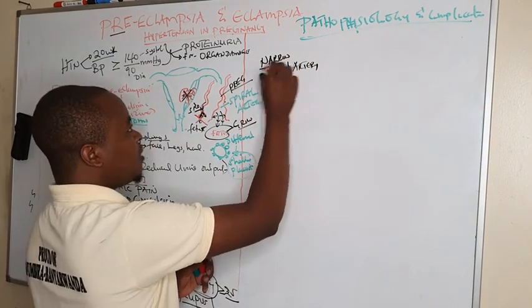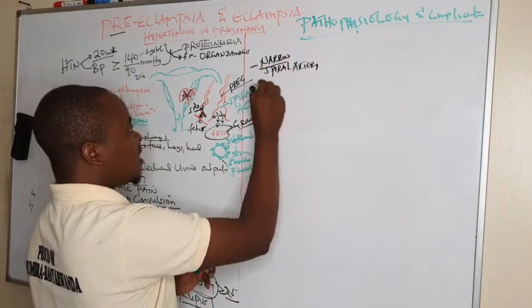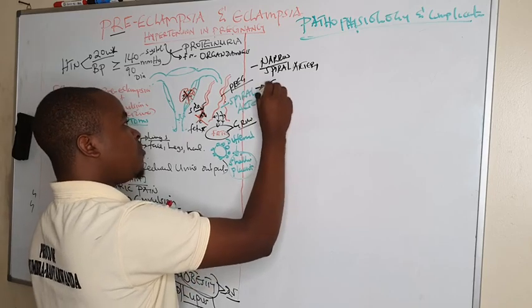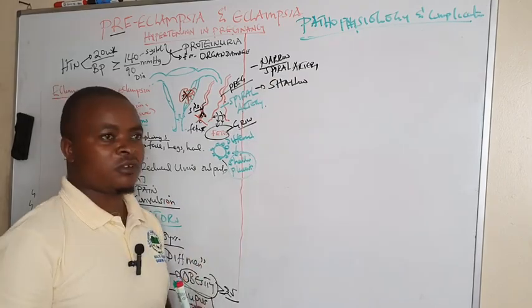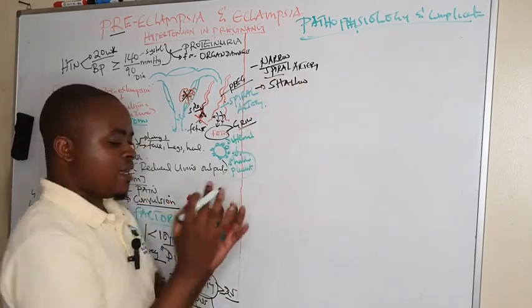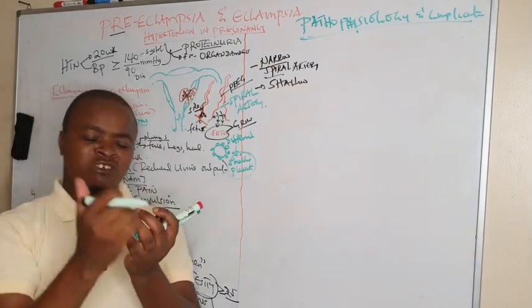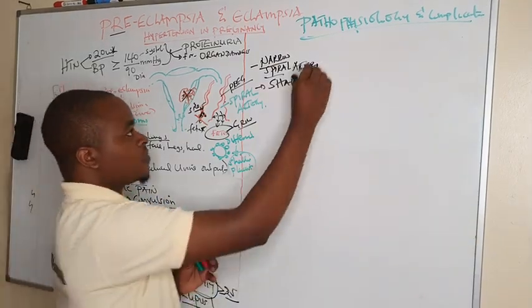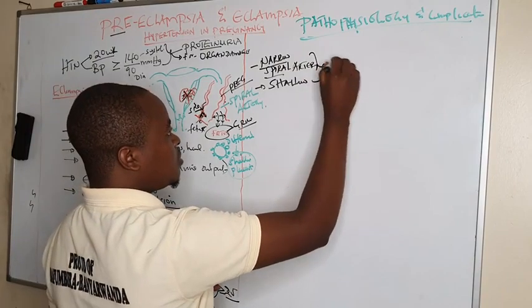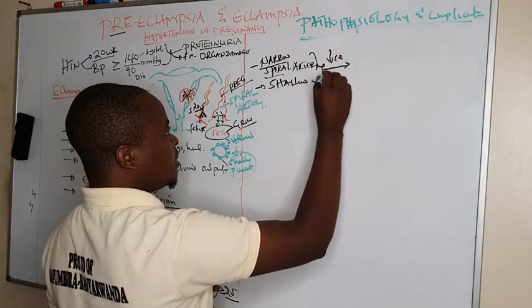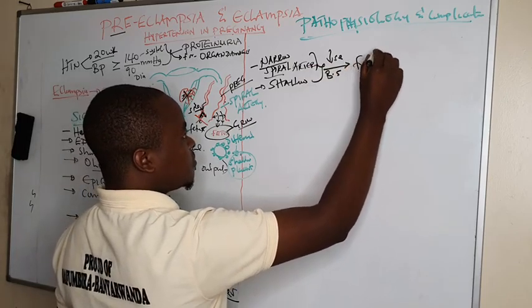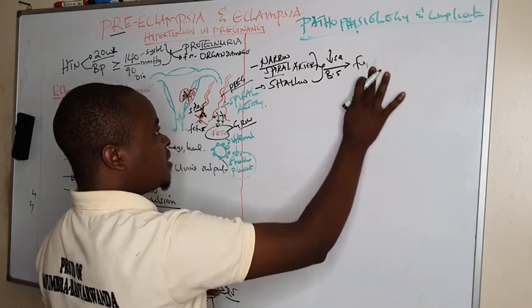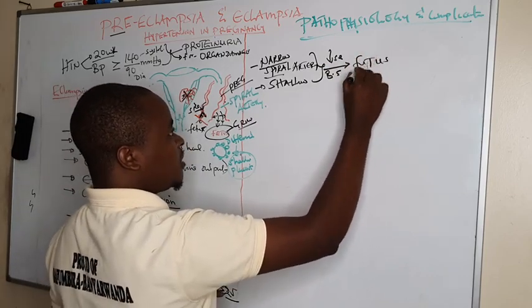So when it is narrow, or another factor can be due to shallow placentation, when the placenta is shallow and the artery has remained small, there is little blood supply to the fetus. This leads to decreased blood supply to the fetus.